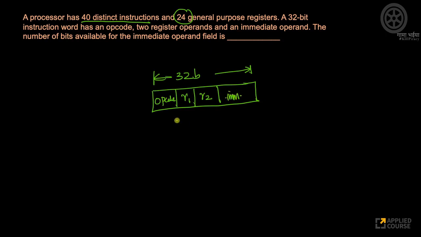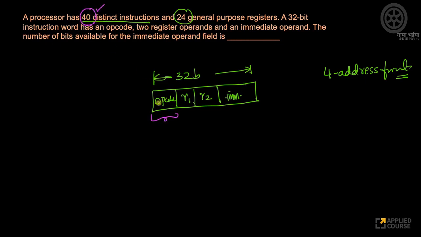We have seen something like this when we studied 4 address format, where we had an opcode, 3 addresses and another operand. So now the question here is the number of bits available for the immediate operand. Let's solve this. So opcode, what does it say? 40 distinct instructions.